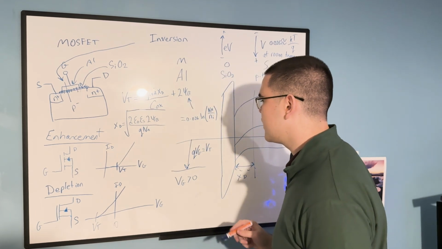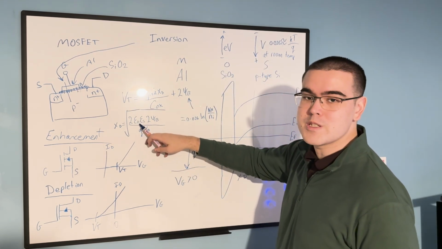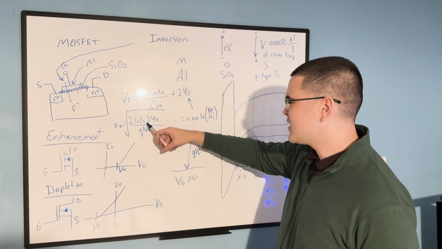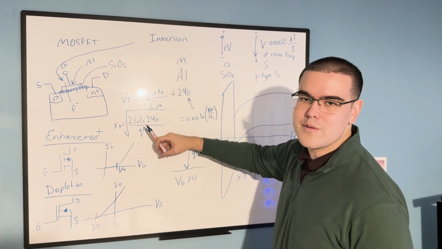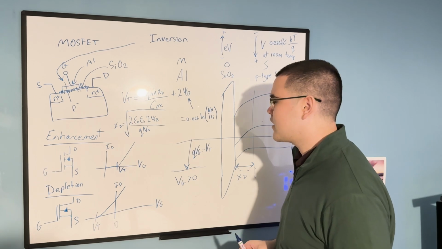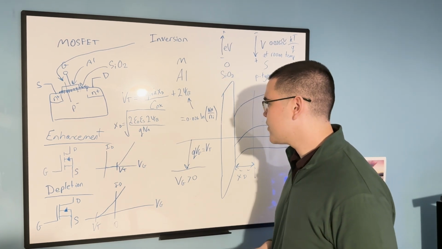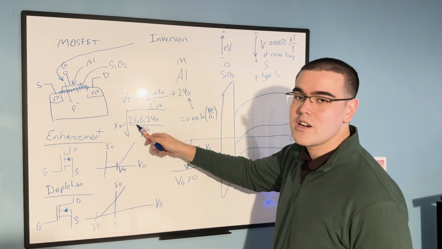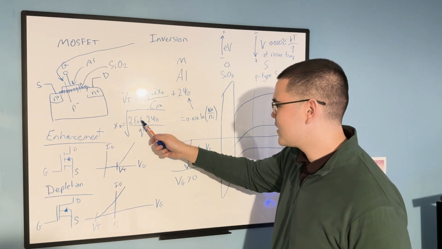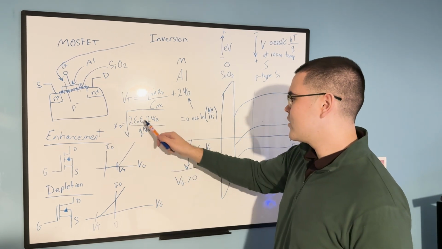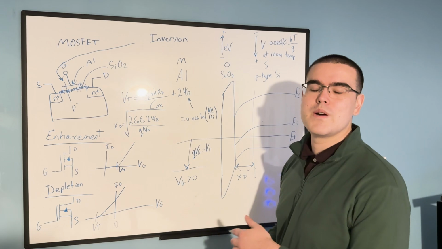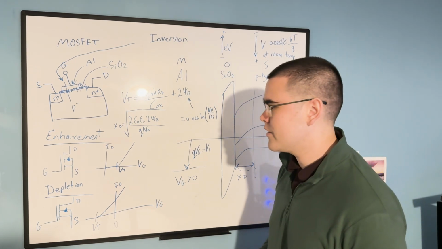There we go. So this is the permittivity of free space, and this is the specified permittivity of your semiconductor. So this has the units of the permittivity, but this is unitless. So you just multiply this by this to get the equivalent permittivity for your semiconductor.